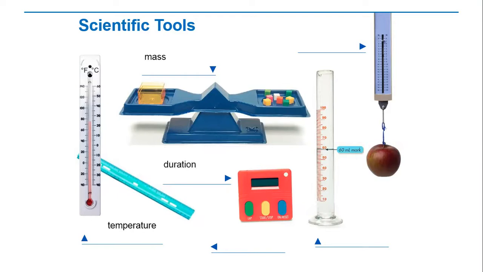We have a stopwatch to measure duration, the time. We have the ruler or metal stick to measure the length. We have a spring balance to measure weight. We have a graduated cylinder to measure volume.